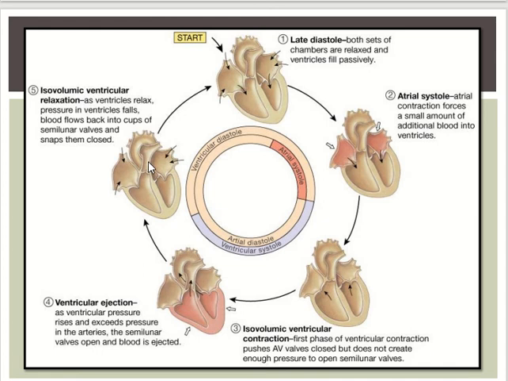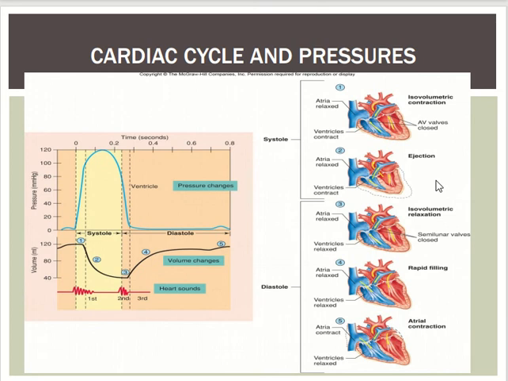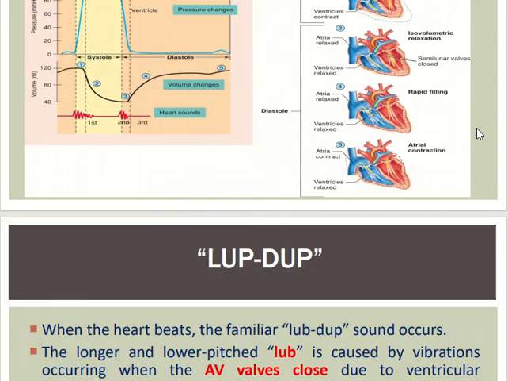And then the valves will relax again, due to the isovolumic ventricular relaxation. When the atria are relaxed, the blood will fill back into the system, and when the atria push, the valves will open again. This is the cardiac cycle. This one you can look at by yourself later.